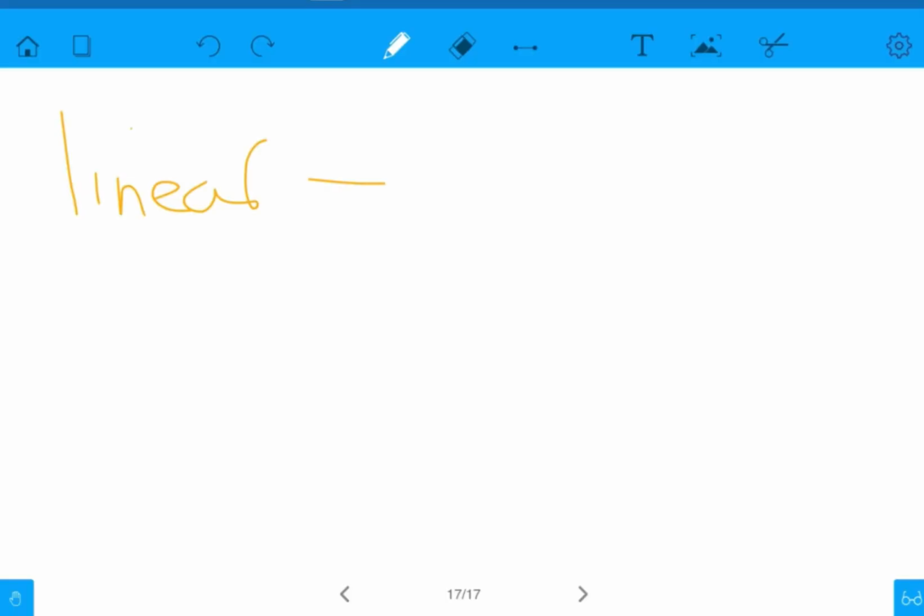So for the linear sequence, this will be minus 3, 1, 5, 9, 13. A linear sequence is one where the difference between terms is identical or is a constant number.